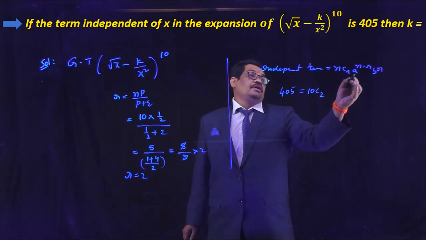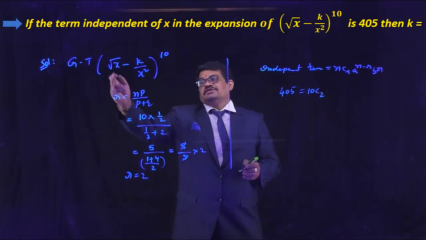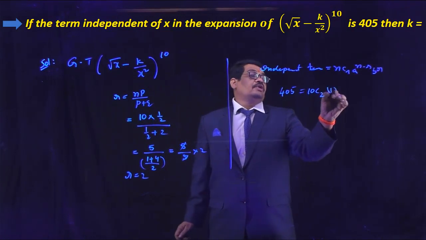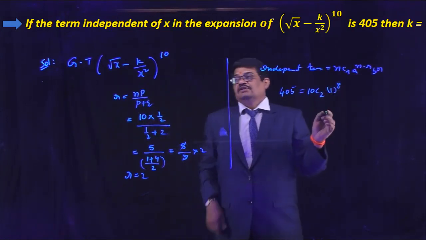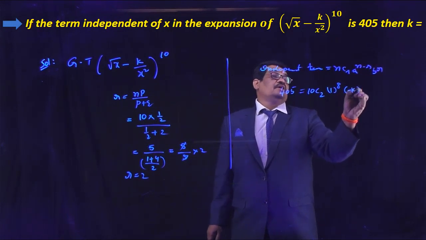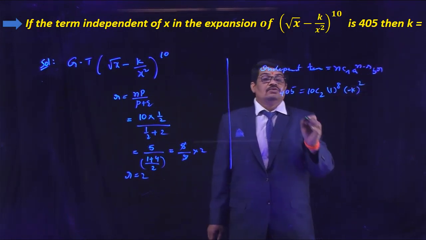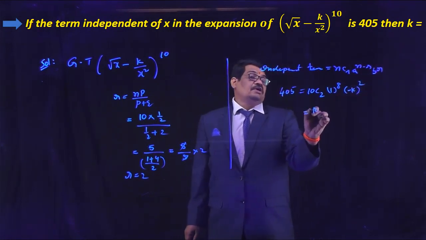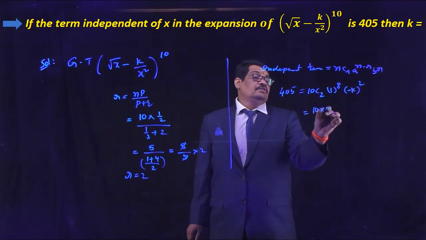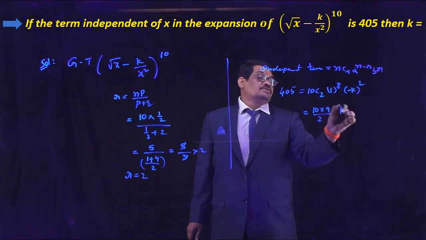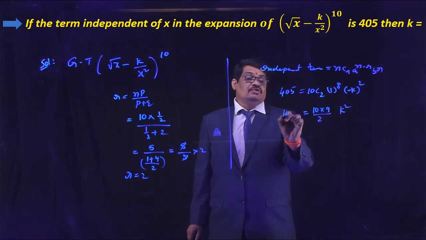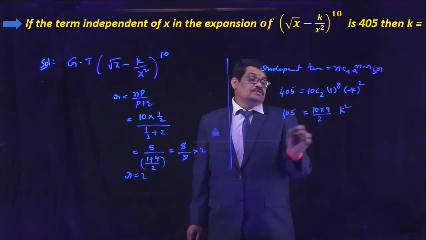10C2 into a. What is a? The coefficient is 1, and 1 to the power 10 − 2 = 8. What is b? The coefficient is −k, to the power of r, and r is equal to 2. So that is nothing but 10C2, that is (10 × 9)/2 factorial, times 1 to the power anything, times k square, equal to 405.